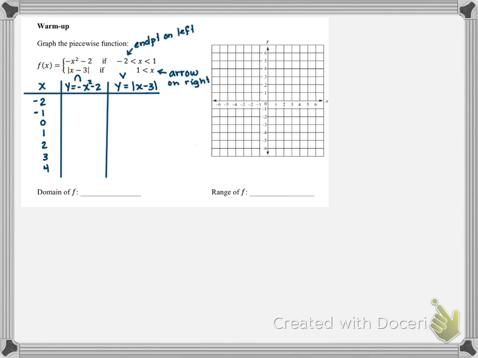And then if I don't see the shape I know I should see, I keep going until I see it. With absolute values in particular, you're looking for your y values to go down, down, down, and then turn around and start going up again. That's what tells you that you found the bottom of your V. So our endpoints are -2 and 1.